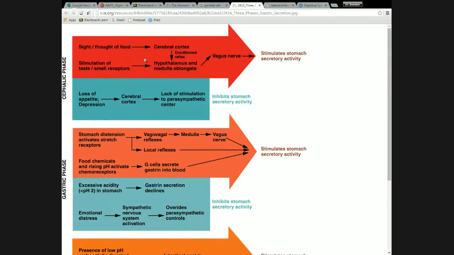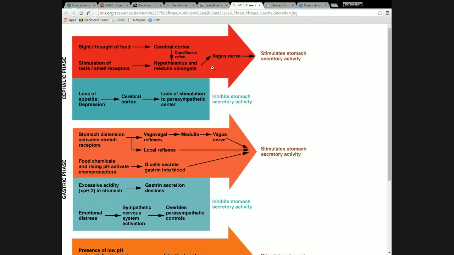The cephalic phase is largely there to prepare you for eating in the future. So if you see or even think of food or smell or taste food, the sensory or cognitive aspects of that are going to activate vagus nerve activity, and so the parasympathetic system will stimulate stomach secretory activity and, to some extent, stomach muscles contracting.